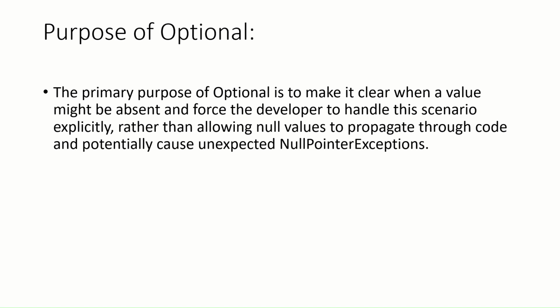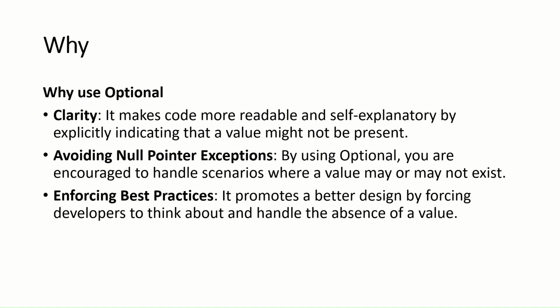Now let me go to the next slide and discuss why we are using Optional. Why use Optional? I have listed down 3 points here. The first one is clarity. It makes code more readable and self-explanatory by explicitly indicating that a value might not be present. So let's say some value is going to be absent.